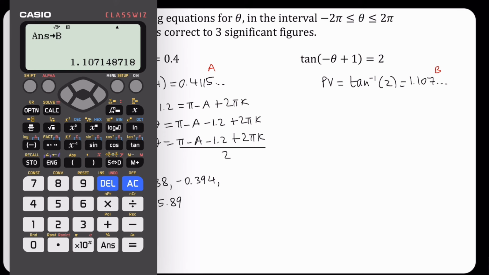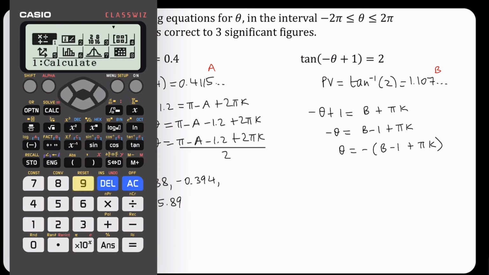We know that the formula for tan says that the argument, so in this case it's minus theta + 1, is the PV, which is B + pi k. So this means that minus theta is B - 1 + pi k, leading to theta is minus (B - 1 + pi k). Once more, I'm going to go to my calculator, I press menu, it's option 9 again.